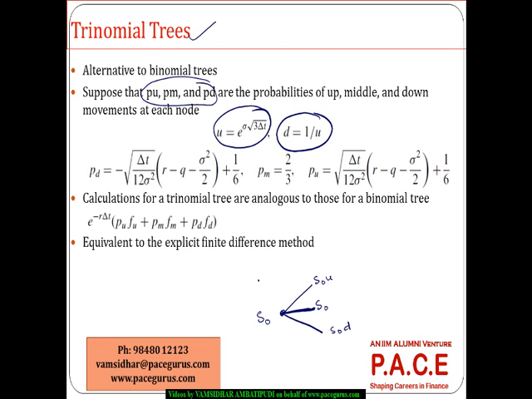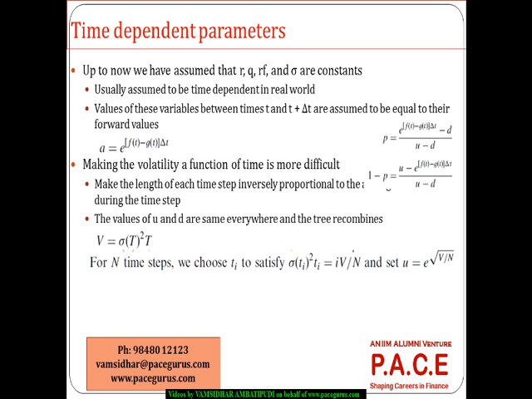Now, see, till now, whatever variables we have taken, whether it is r or q or sigma, we assume that they are constants throughout the life of the option.